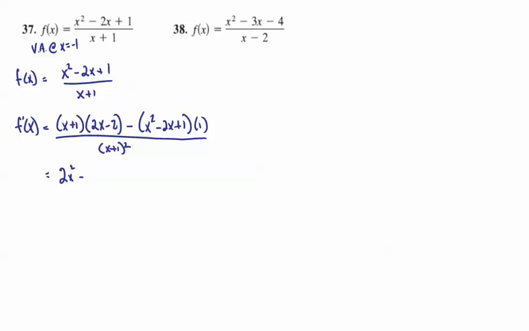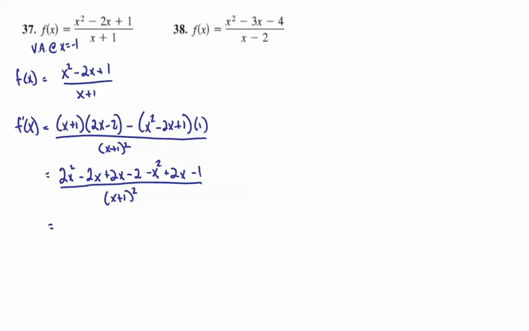It's 2x squared minus 2x plus 2x, yes, minus 2, then minus x squared plus 2x and minus 1, once again all over x plus 1 squared. No need to multiply that out.